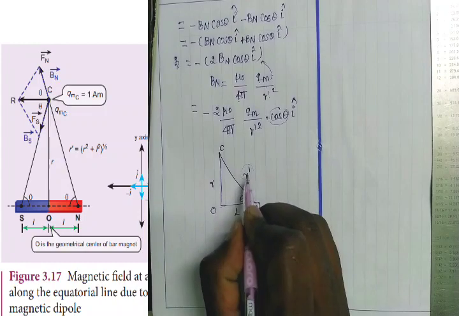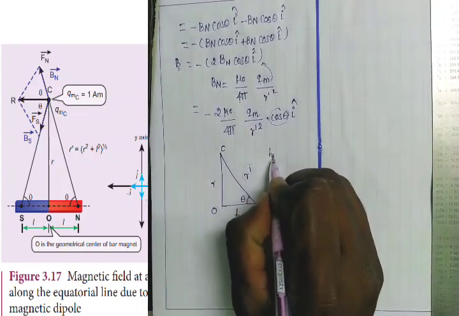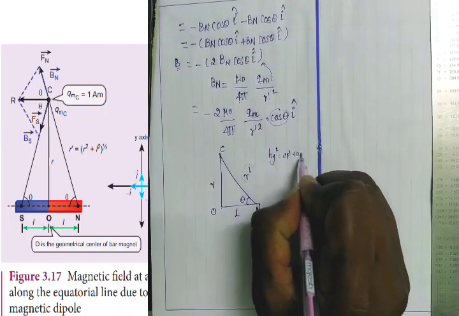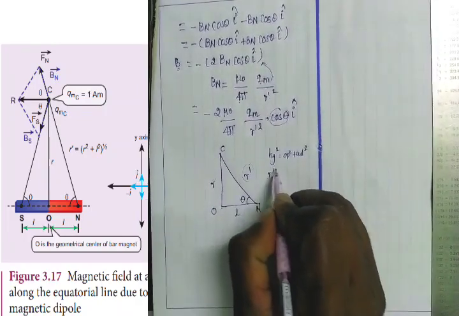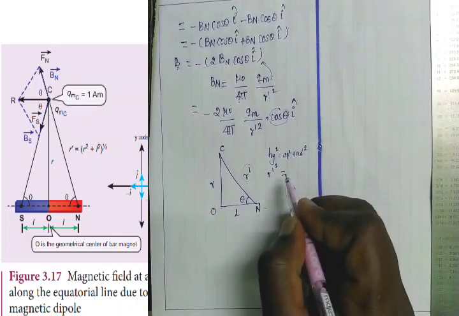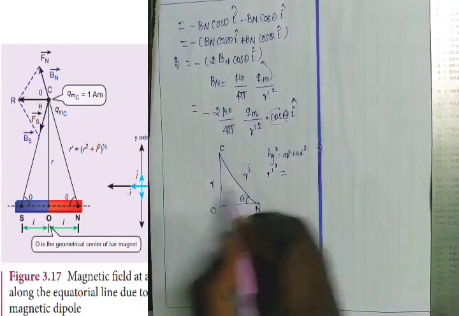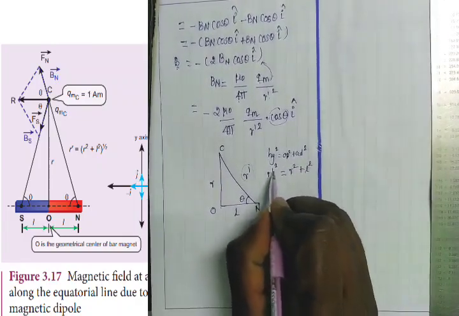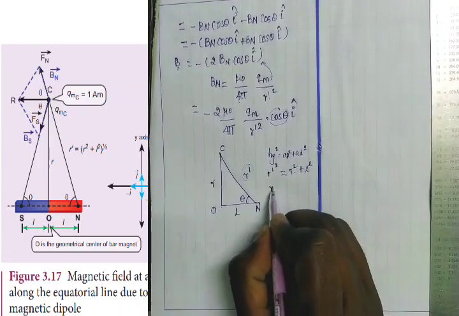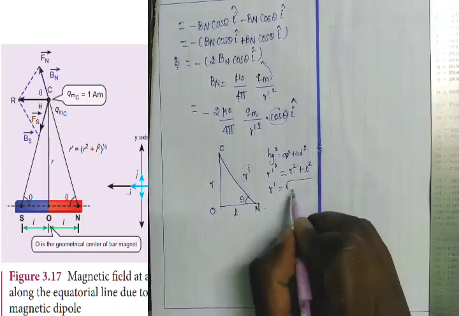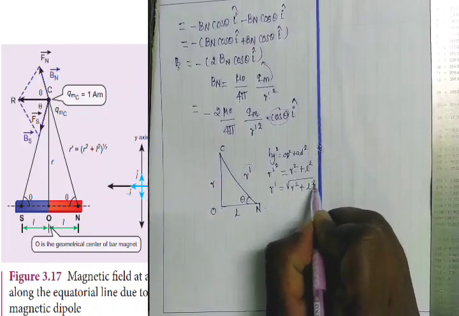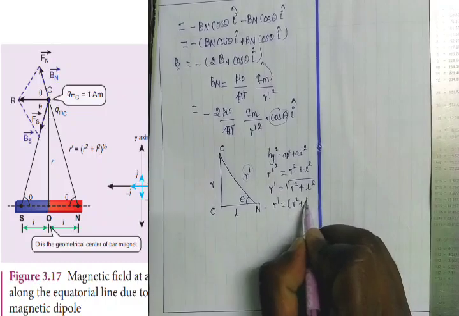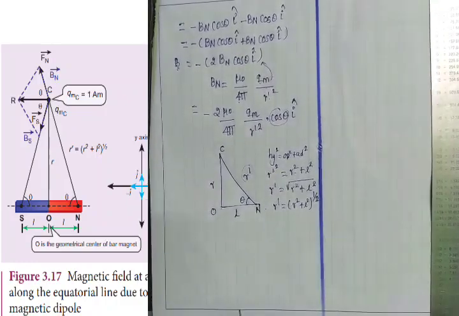Hypotenuse squared is equal to opposite squared plus adjacent squared, from the 10th lesson. So R dash squared is equal to R squared plus L squared. R dash is equal to (R squared plus L squared) whole power 1 by 2.